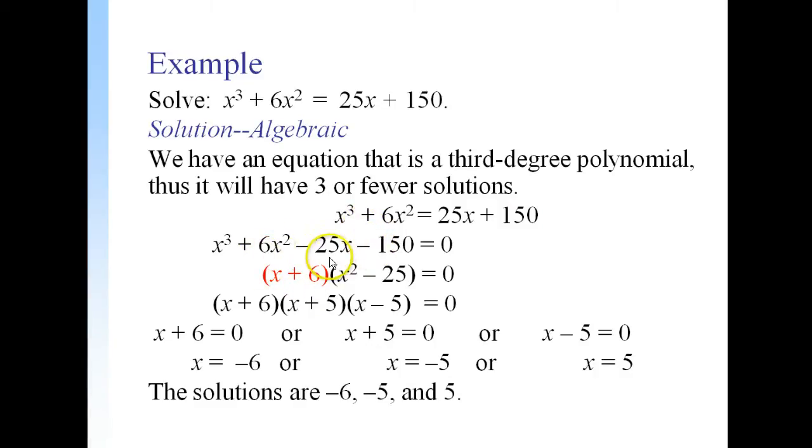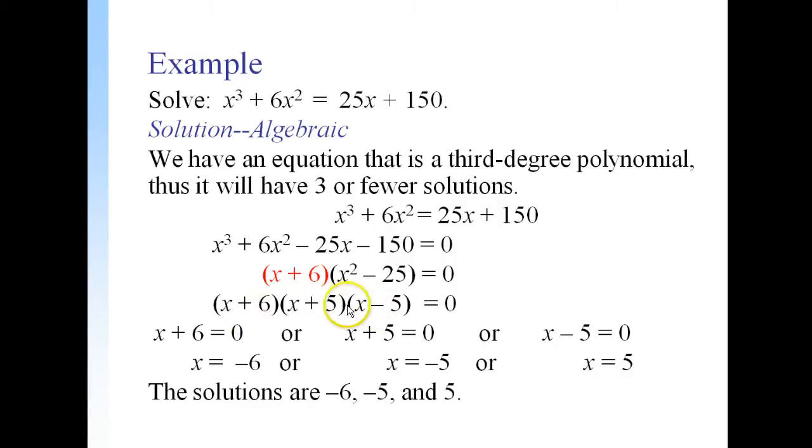Then use grouping to factor it, which we did. And then once we got the difference of perfect squares, we factored that into its conjugates.